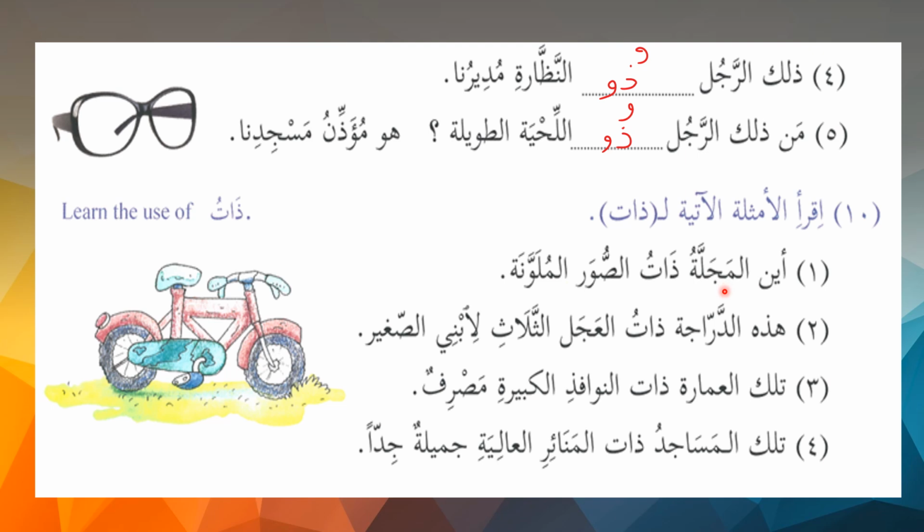Where is the magazine? ذات الصور, and this ra will have a kasra because it makes an idafa with dhat. So dhat is related to majalla, not the ghayr aqil suwar. So the magazine having colored pictures. Suwar is pictures. Mulawwana means colorful.